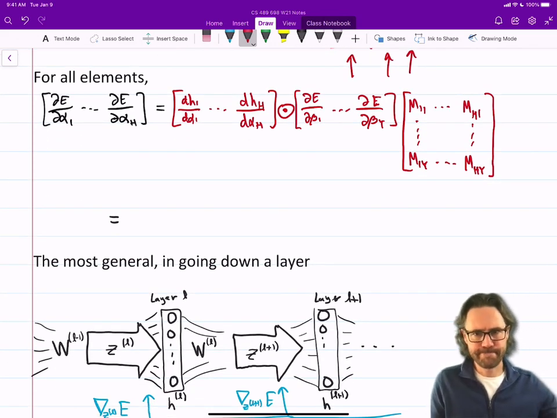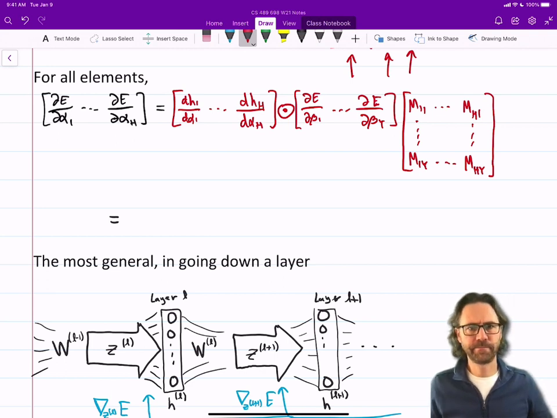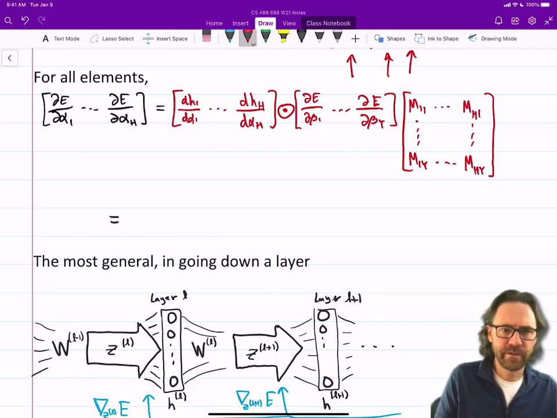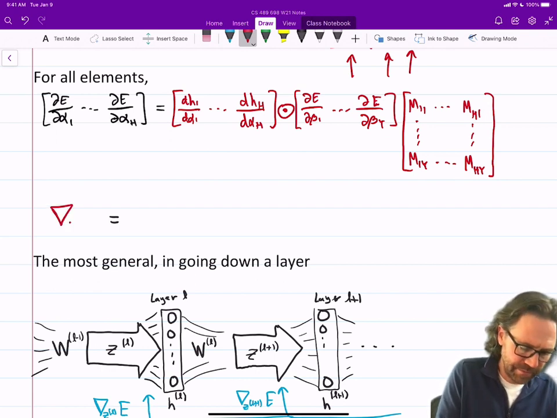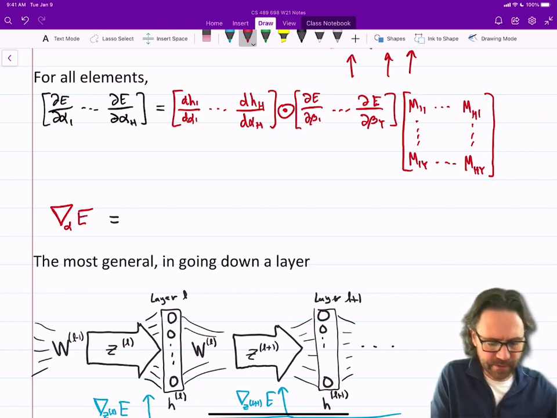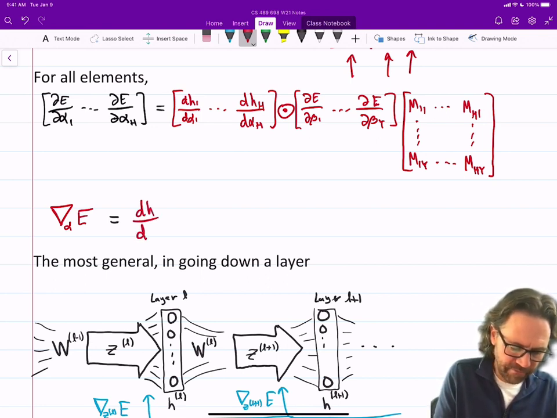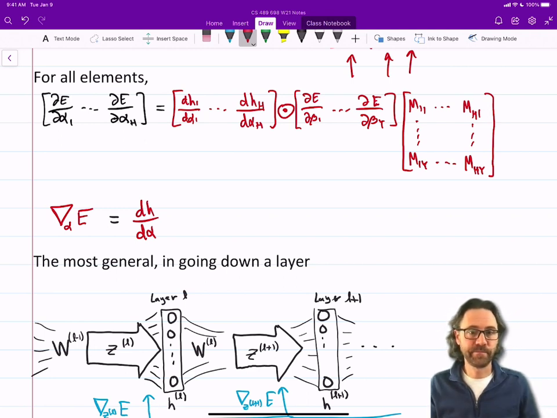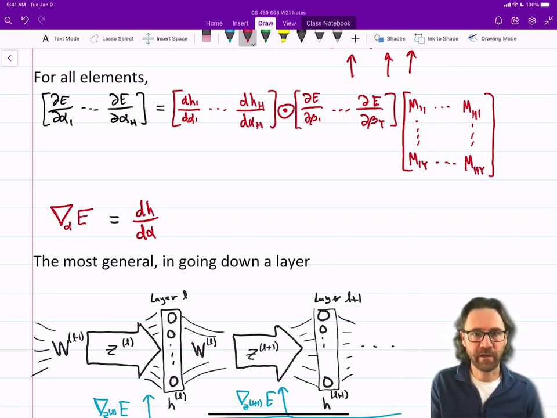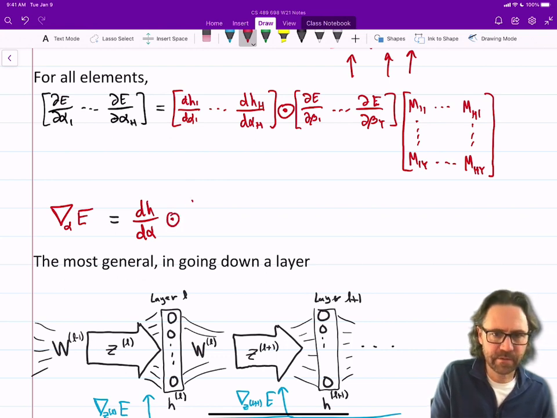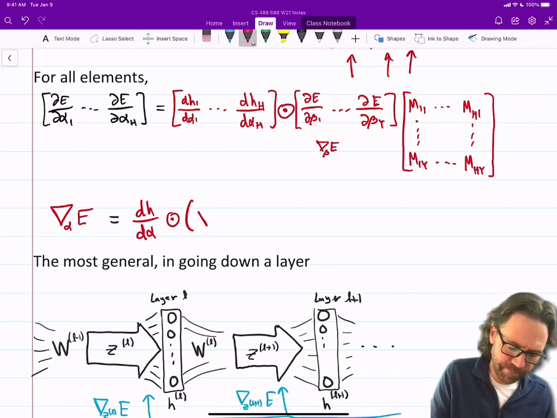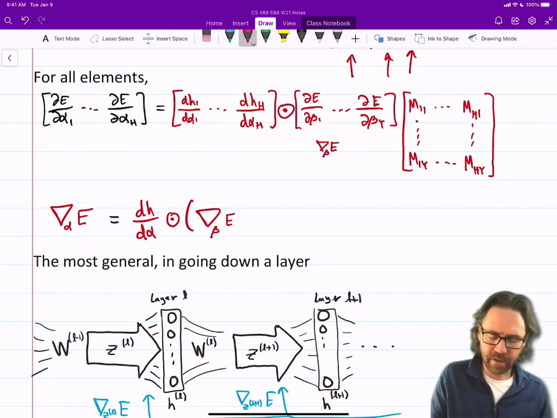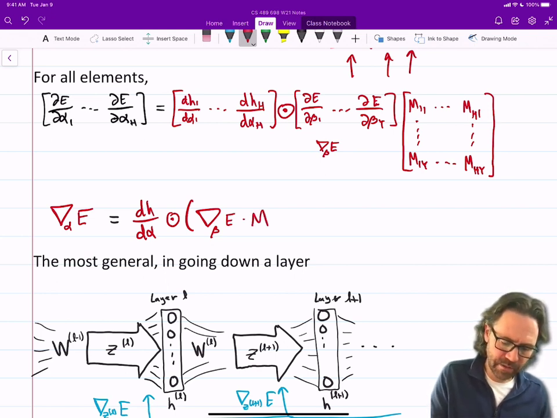So now we can represent the entire operation. This thing here is the gradient of the loss with respect to alpha, ∂H by ∂α. Now that's a vector because we have many H's, each paired with one alpha. Hadamard times this thing here, which is the gradient of the error or the loss with respect to beta. And then this thing over here is M transpose.